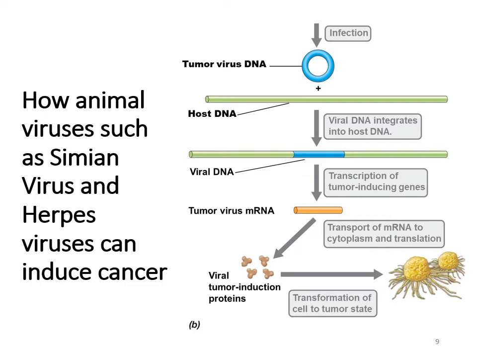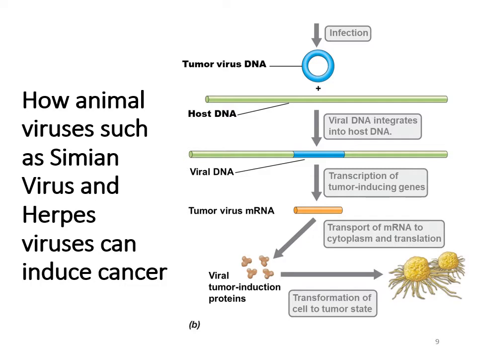Now, this is to show you how animal viruses, which include simian viruses and herpes viruses, can induce cancer. For instance, herpes viruses, we just said, include things like mono, Epstein-Barr virus, and they have recently found that not only does mono stick with you for life and you end up getting chronic fatigue syndrome, but it also down the line can cause cancer, especially nasopharyngeal cancer.